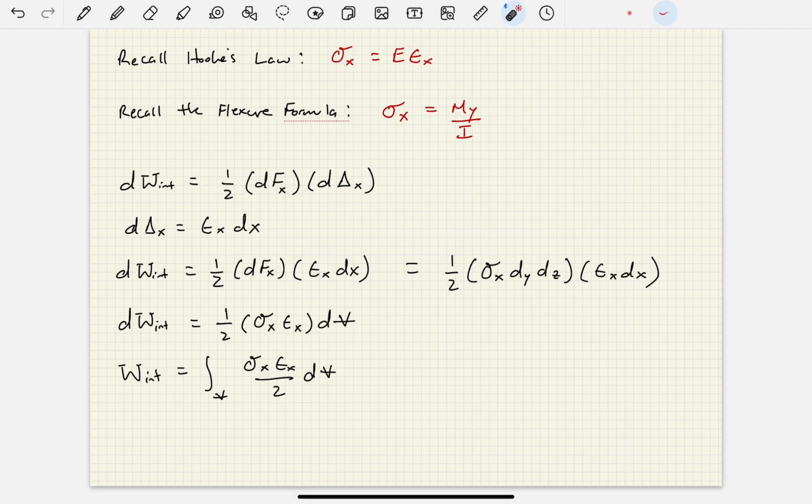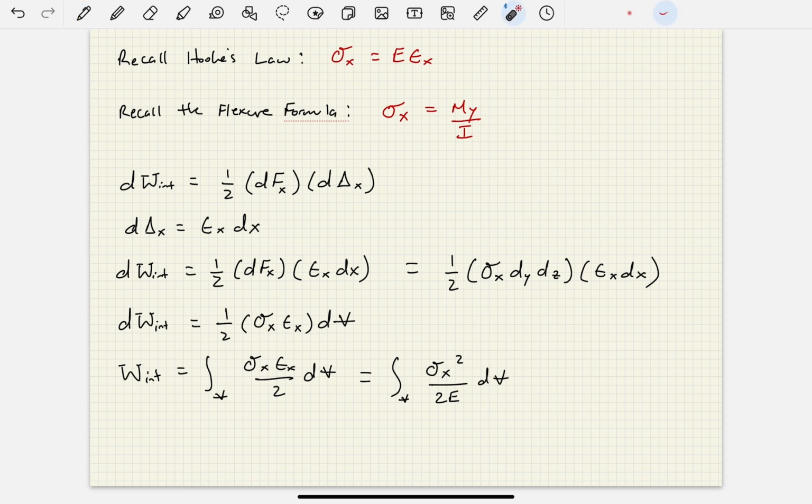Now, I'm going to use Hooke's law and the Flexure formula, and I'm going to substitute these two relationships in here strategically, okay? So at this point, I'm just going to do some algebra. Watch this. I can rewrite this as the integral over that volume again of sigma x squared over 2E dV, okay?